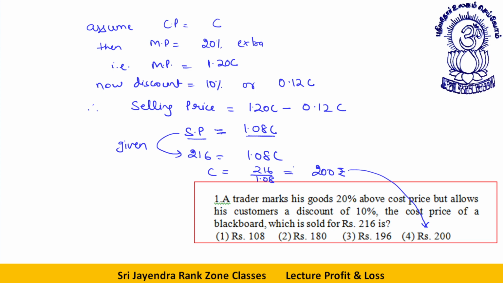Okay, dear students. Clear to all? Next one, students. The whole thing is, I have discussed this thing in the very first class only. How do we get a selling price? How is selling price calculated?